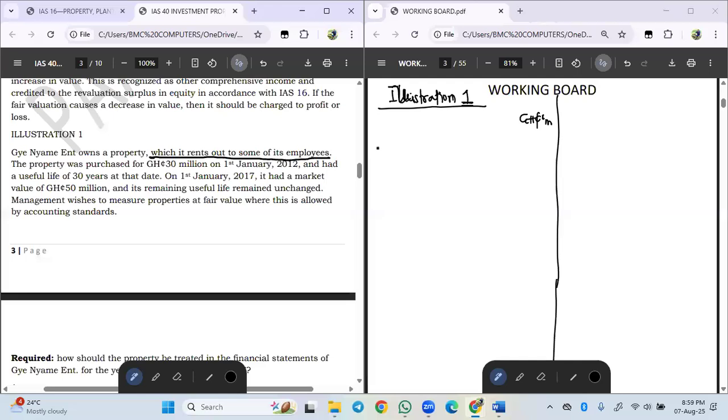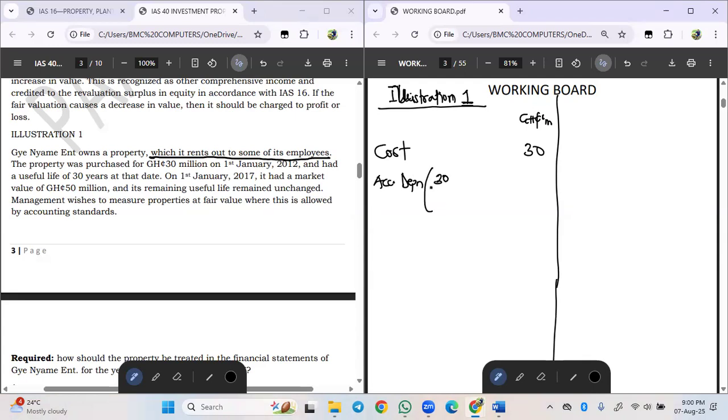So this one, let's look at the treatment. Here we have the cost. The cost was 30 million. And we have to calculate accumulated depreciation. It's IAS 40 though, but we are using IAS 16 here because this one cannot be classified under IAS 40.